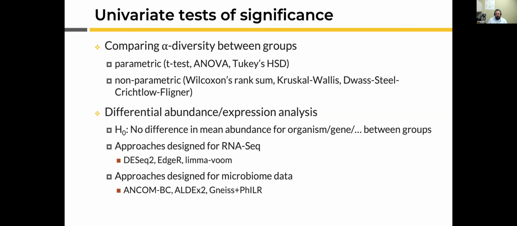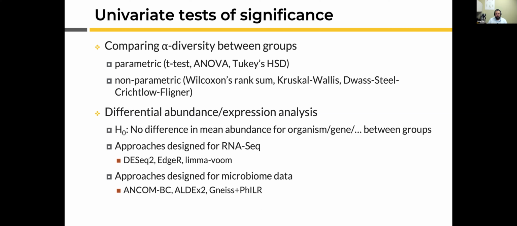You lose power, but non-parametric tests are generally more appropriate for microbiome type data. I mentioned these in order. The t-test is a pairwise test. Wilcoxon's rank sum is the non-parametric version of the t-test. ANOVA, analysis of variance, is a group-wise test.